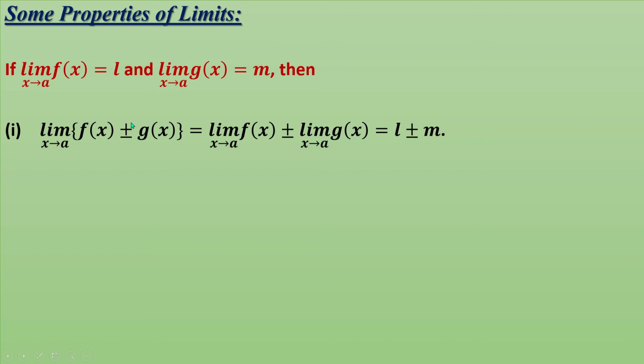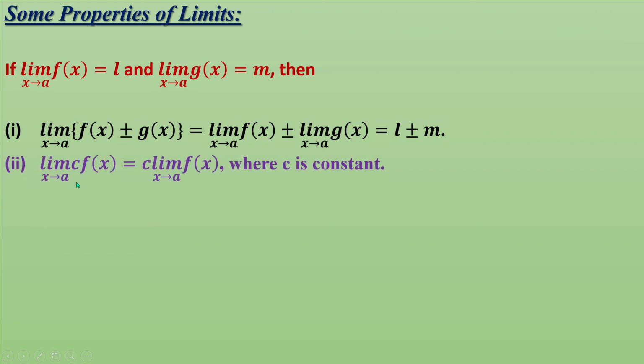That means when we use the plus or minus sign, we can write the limit separately. Similarly, for a product we can multiply these. Similarly, the limit as x tends to a of c into f of x, where x is a variable and c is a constant, so this is a function and c is a constant: a constant into a function means the constant times the limit as x tends to a of f of x.